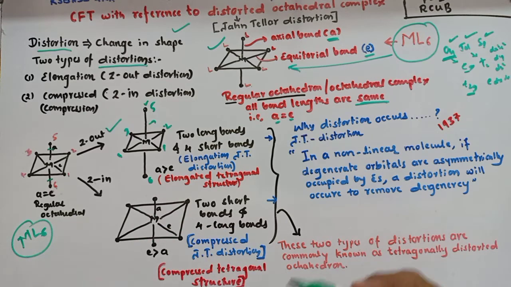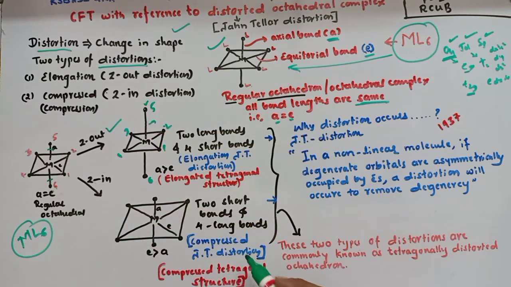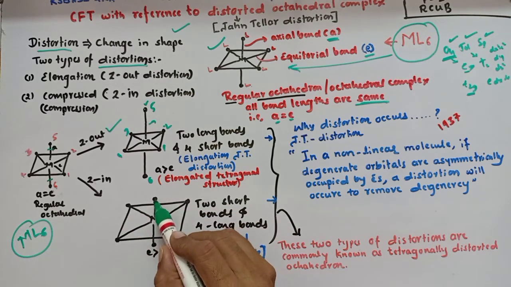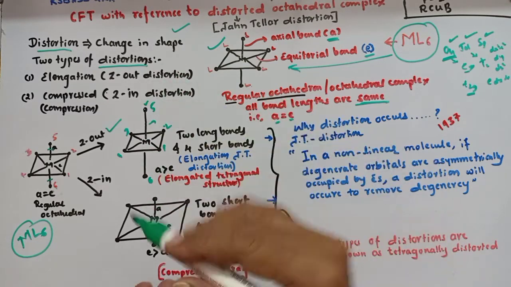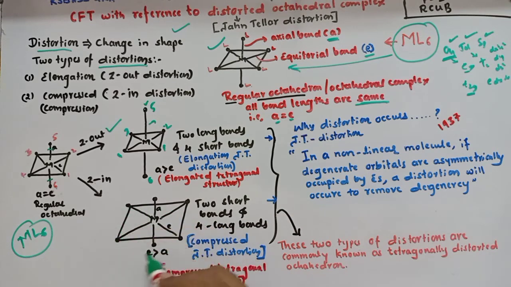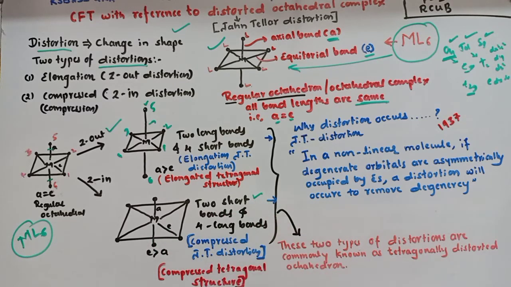This compression gives a compressed tetragonal structure, in which the ligands along the z-axis are nearer to the central metal ion when compared to the other 4 ligands in the xy plane. So 2 short bonds and 4 long bonds are formed. This is also known as compressed Jahn-Teller distortion.